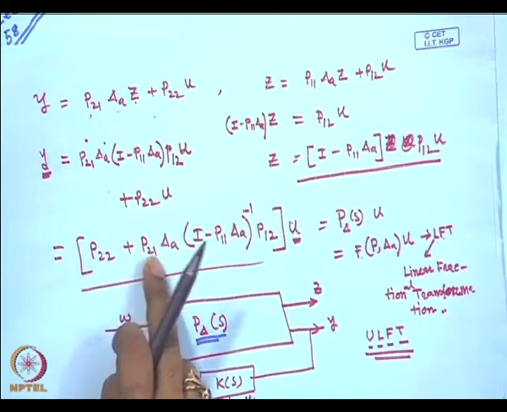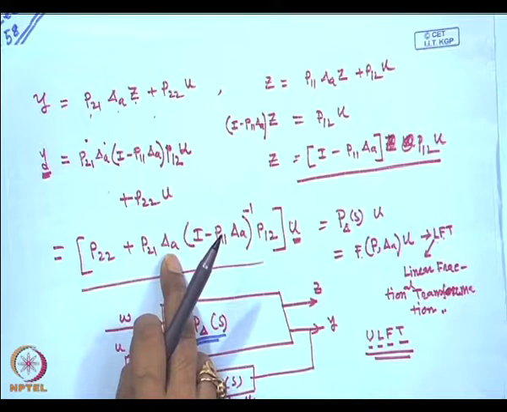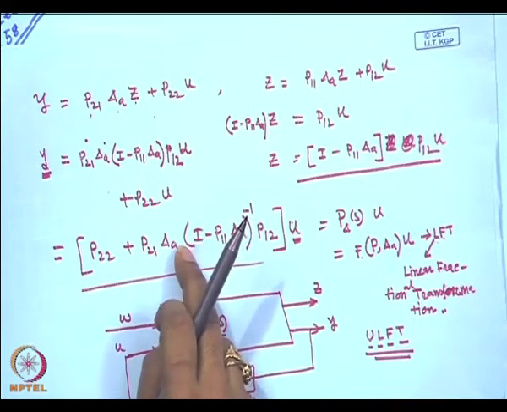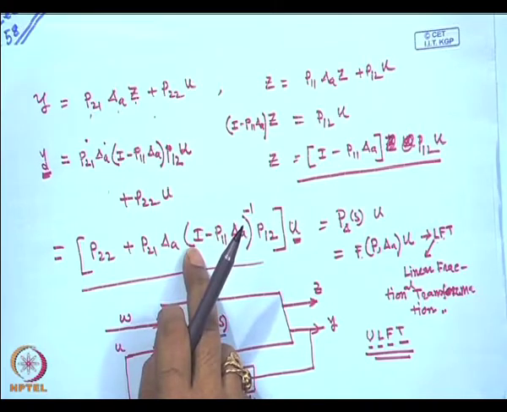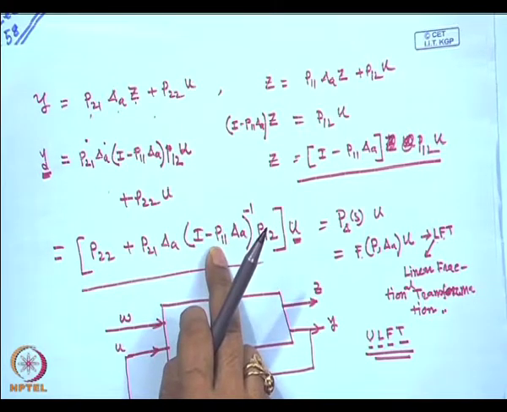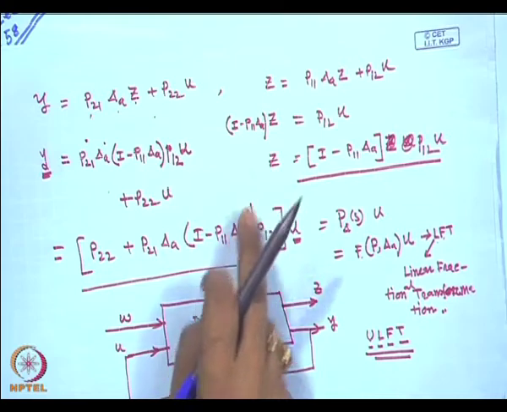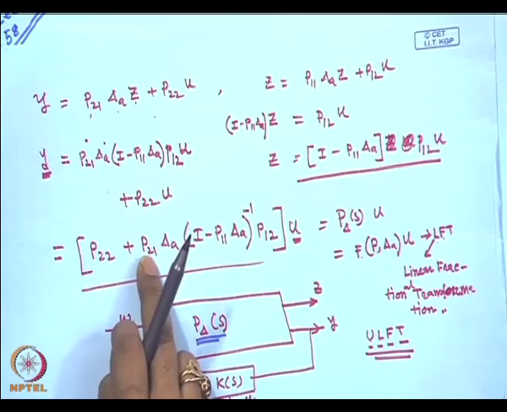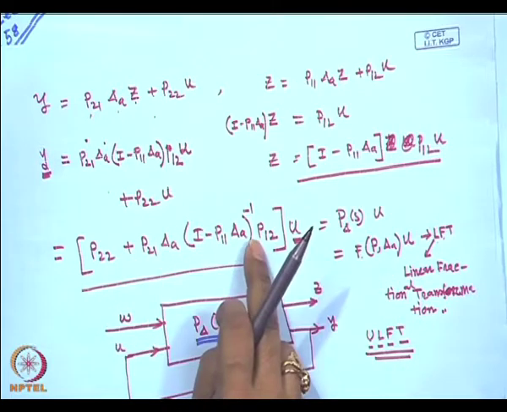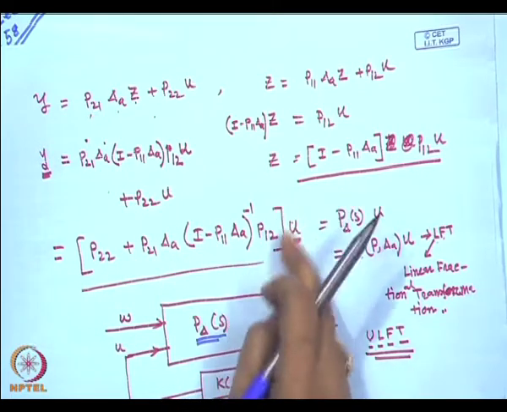Then next will be P 21, then delta A perturbation, bracket I, where I is the identity matrix of proper dimension, then P 11, then delta A, whole inverse. The first index already came, so the second index will come last: P 12 multiplied by this.